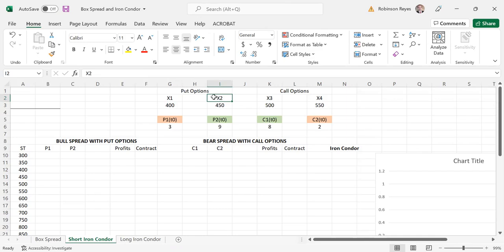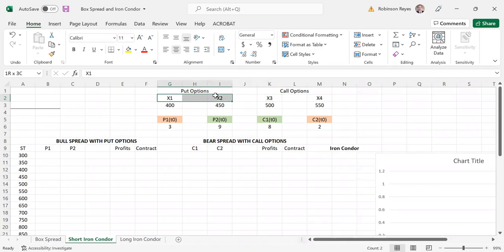And then the bear spread we are forming with a long position, buying the high strike call option, which is X3, and selling or writing the call option with the lower strike, which is X2. So we would only need X1, X2, and X3 if we are forming a butterfly spread.